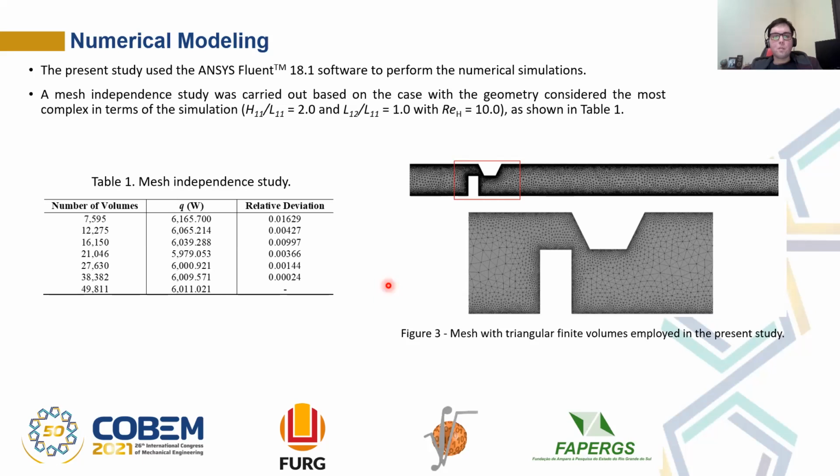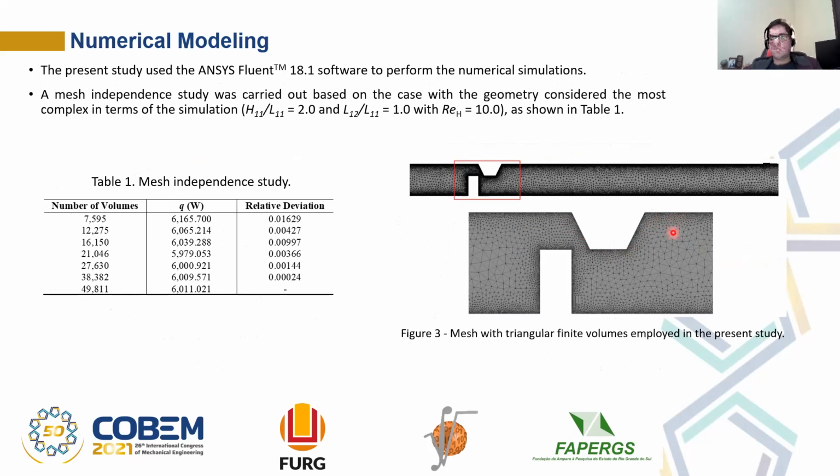To perform the simulations in our study, we used the ANSYS Fluent software, version 18.1. We did a mesh independence study, shown in table 1. We used triangular volumes in our work, and we applied some extra refinement closer to the walls.